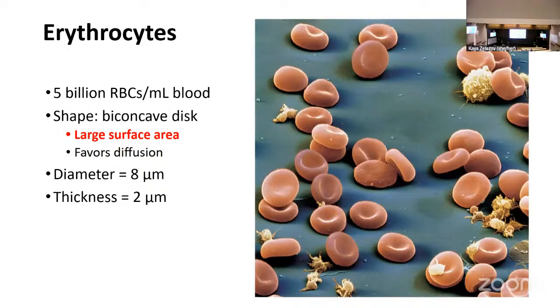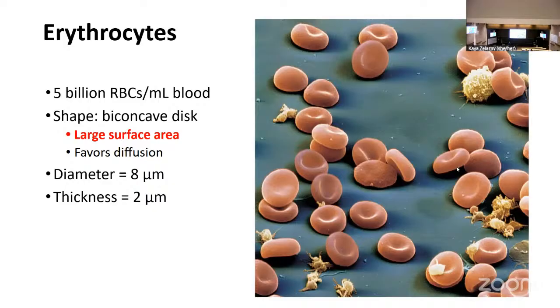Their job overall is to participate in gas exchange. Red blood cells are very critical in carrying oxygen around your body. They also play a role in carrying away some carbon dioxide. And they're specialized in order to help this work better.